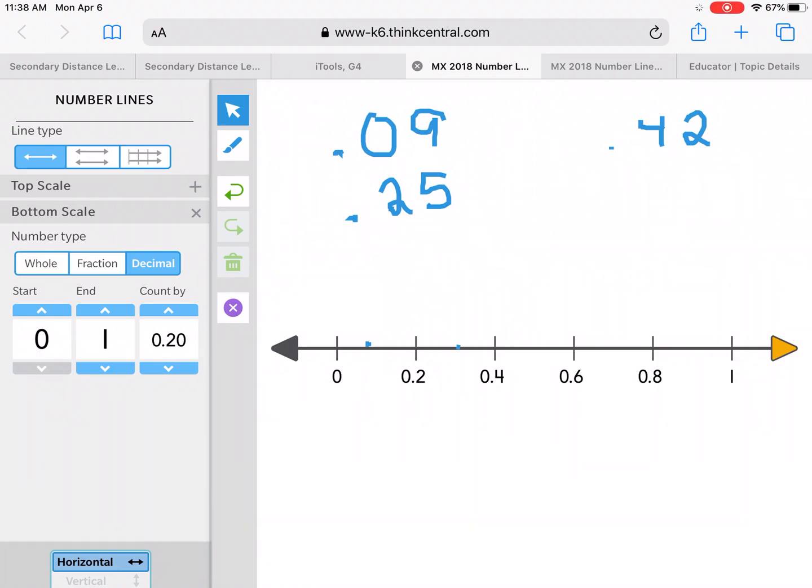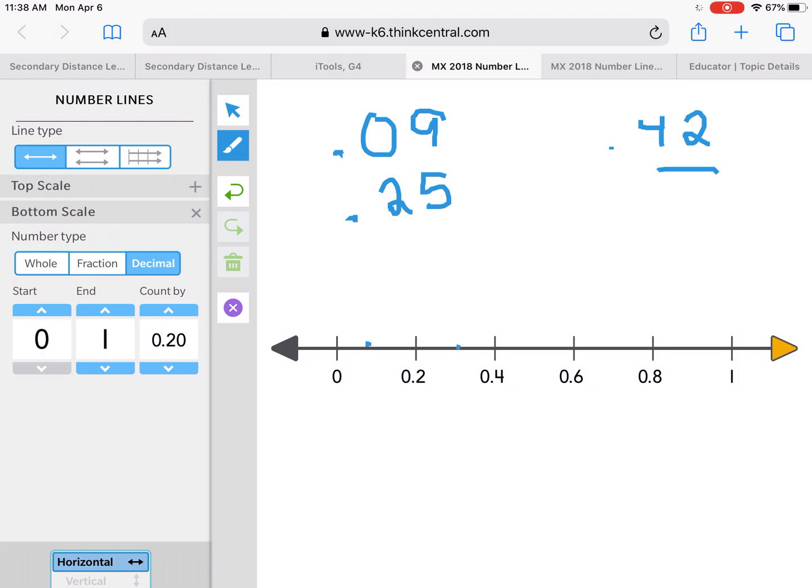In this lesson, you will use a number line to compare and place decimals in order from least to greatest or greatest to least. So with this set of decimals, how would you place 9 hundredths, 25 hundredths, or 42 hundredths?